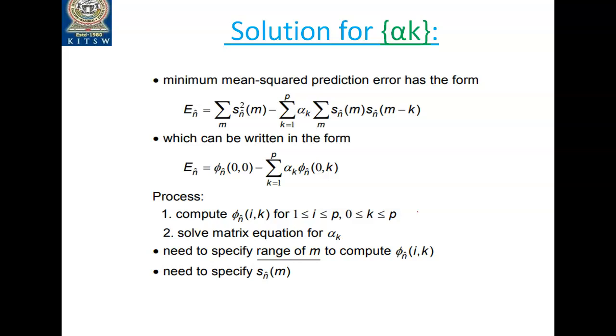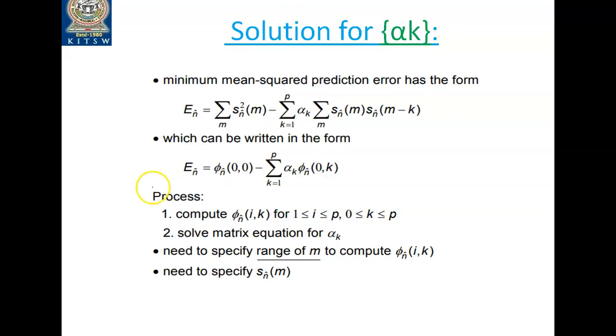Before that, we consider the complete speech signal on a segmentation basis, evaluating the current samples with the help of the previous or past samples. But when it comes to estimating the prediction coefficients, first we need to estimate phi n of i comma k. That is also very important.